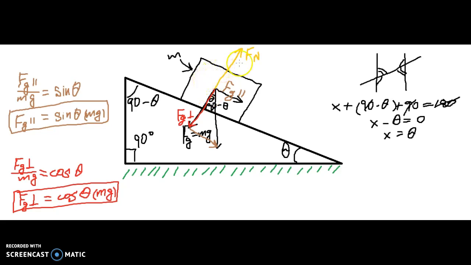What else? What other forces can we have over here? Friction force. That is very important over here, because if the vector of force of gravity parallel to the surface of the plane exceeds the force of friction, what would it mean?